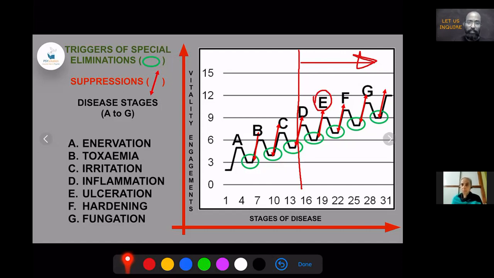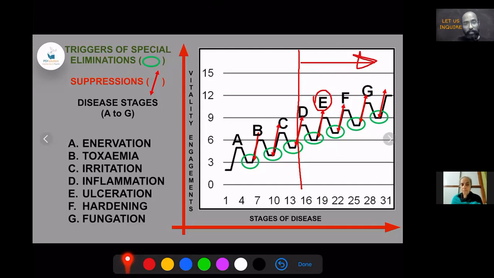The same thing happens within the body. Over the years, when toxins get layered and hardened, it becomes stone. And the toxin is subject to repeated suppression, because the body by its nature will try to throw the toxin, and all those endeavors of throwing the toxin are repeatedly suppressed in the name of treatments. So the hardening is the sixth stage.